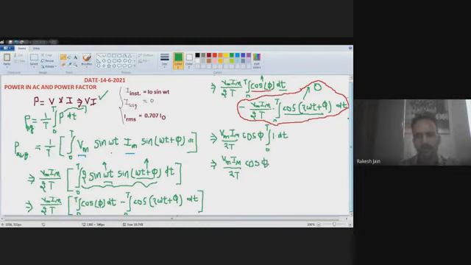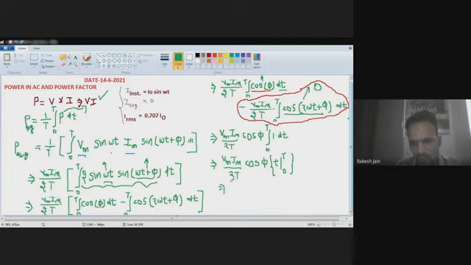Now remember the formula: the integration of 1 is always the variable with respect to which you are integrating. Here we integrate with respect to time t, so the integration of 1 is t. But we have to put in the limits: first the upper limit, then the lower limit.